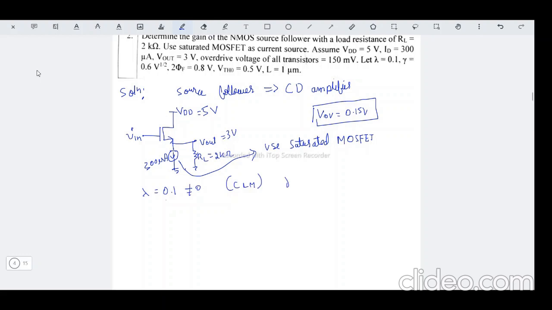And also gamma is 0.6, non-zero, body bias effect. Body bias effect is present in the circuit. And 2φf is 0.8, and threshold voltage VTH0 and length are also given. There is no width mentioned.